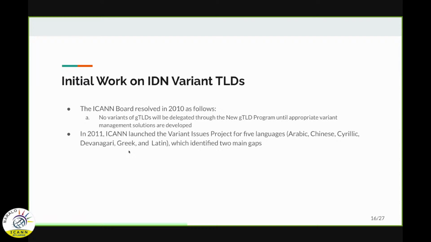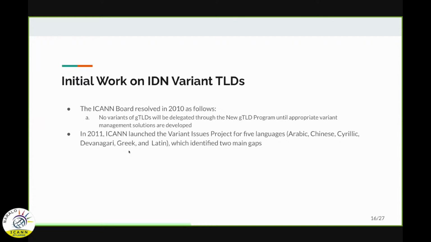In 2011, ICANN launched the variant issues project for six scripts: Arabic, Chinese, Cyrillic, Devanagari, Greek, and Latin. And if you look back at the history of IDN programs, there have been at least half a dozen to a dozen reports done by various groups grappling with the problem of how to take variants forward.